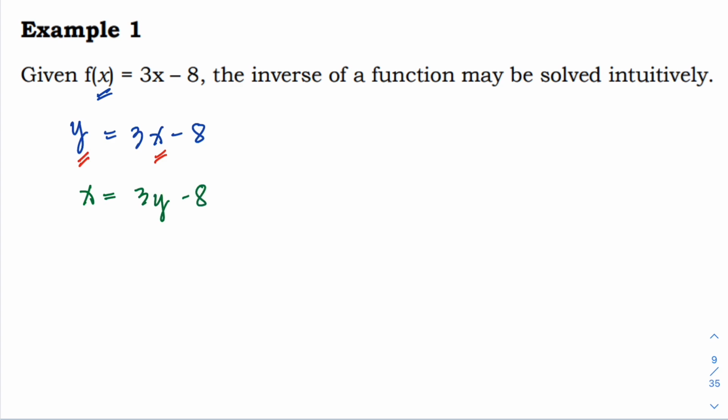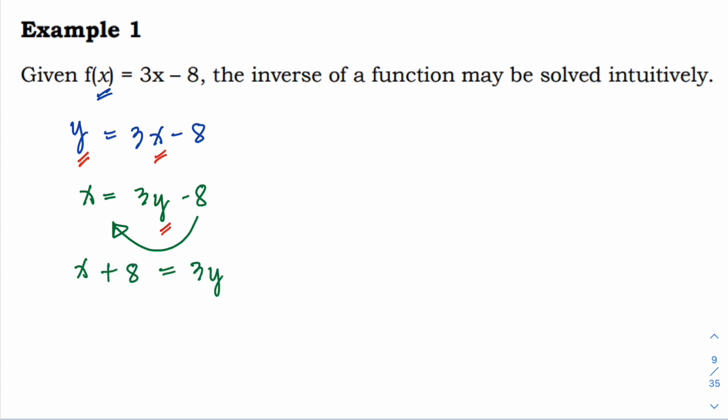Tama? Then, after natin ma-interchange si x and y, isolve natin si y in terms of x. Ibig sabihin, kailangan ma-isolate natin si y. So, try natin. So, first, pwede nating tanggalin si negative 8 dito. So, we have x plus 8 equals 3y.